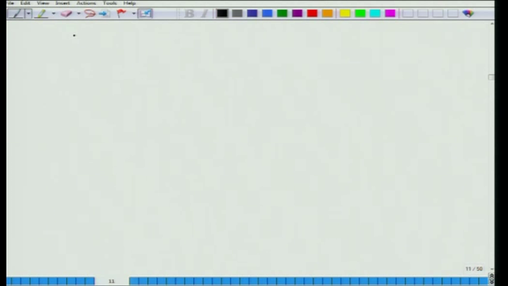So, here we have f equal to square root of 1 plus y prime square over x.